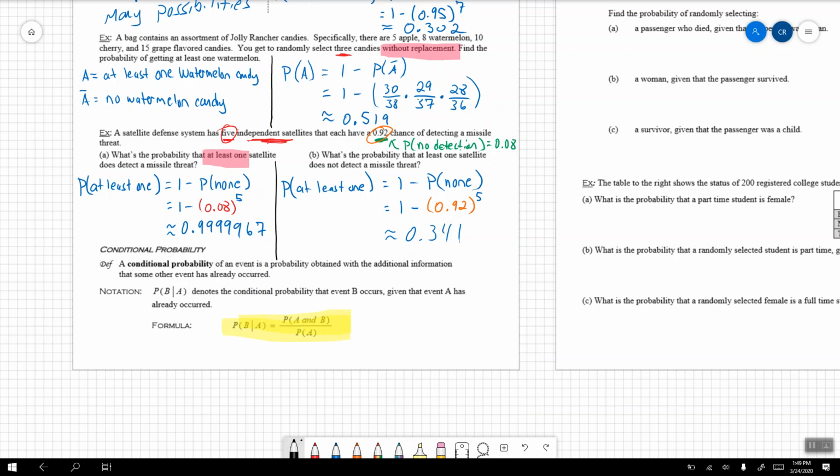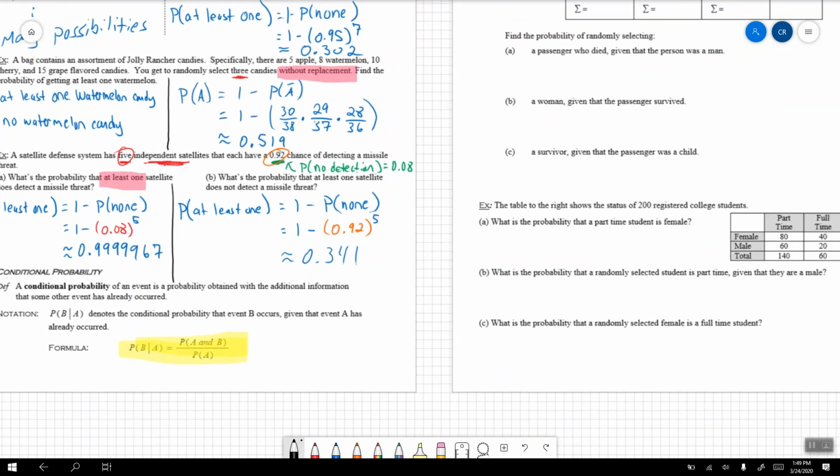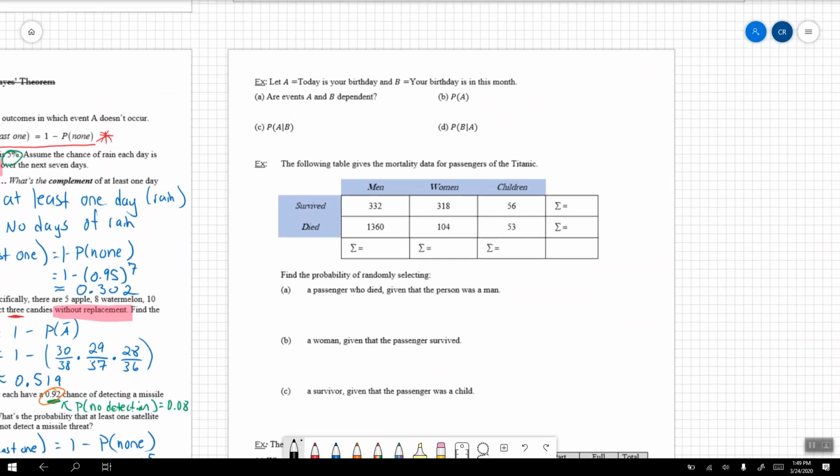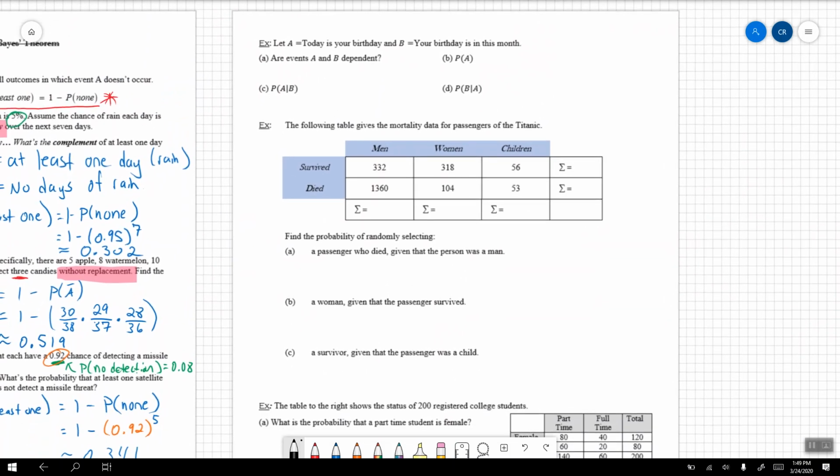All right, so let's start looking at some of these examples. This first example says, let A be the event that today is your birthday, and B is the event that your birthday is in this month.